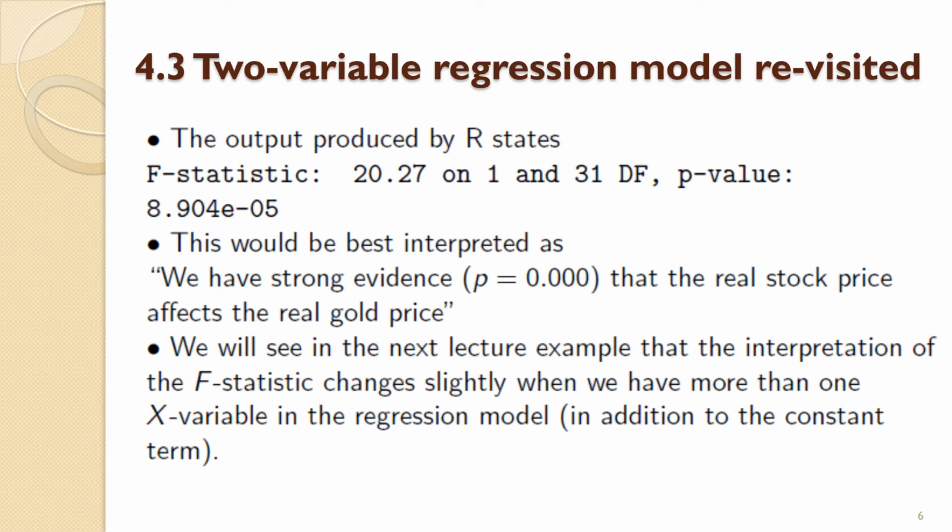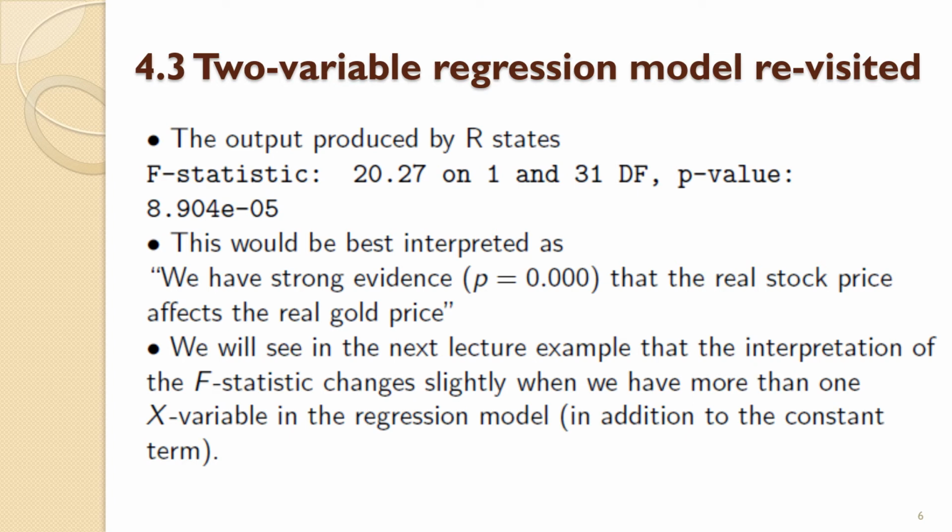We'll see in the next lecture, and we saw on the previous slide, that the interpretation of this f-statistic changes slightly when you've got more than one x variable in the regression model in addition to the constant term. What you're doing here is producing the f-statistic to test the joint significance of all the x variables in the model.